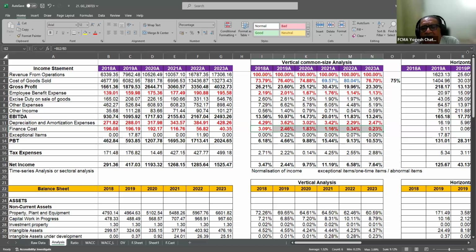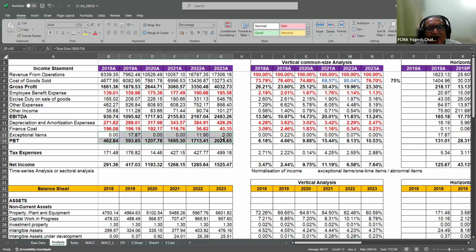An optimal level of debt and equity in the capital structure will reduce the cost of capital of a company. So this company is not making use of financial leverage, the proportion of debt and equity in the capital structure. So we again add this to our questionnaire and ask the management why it is so.